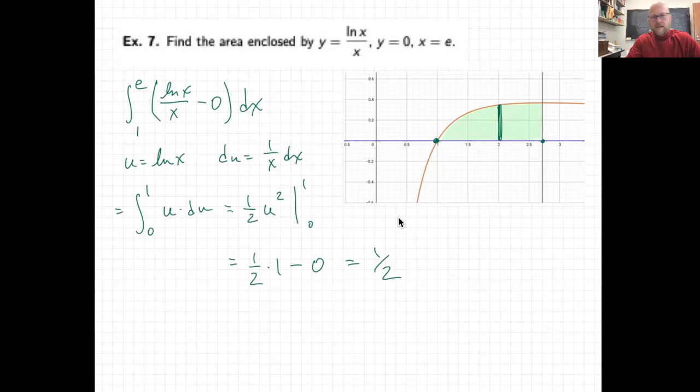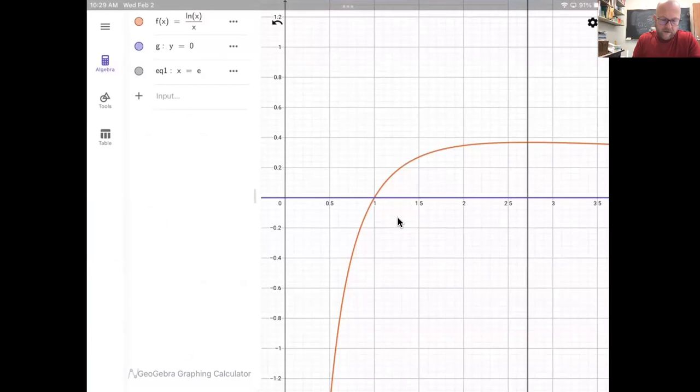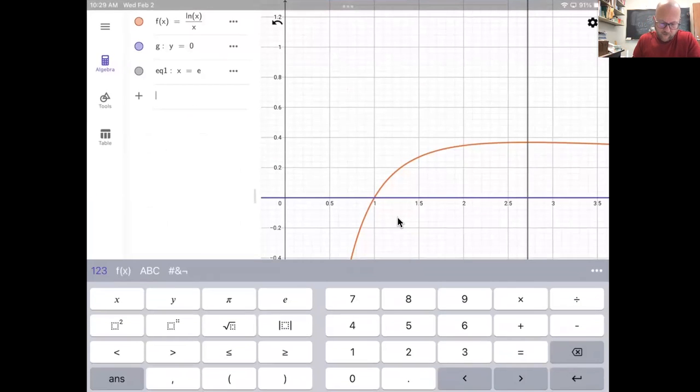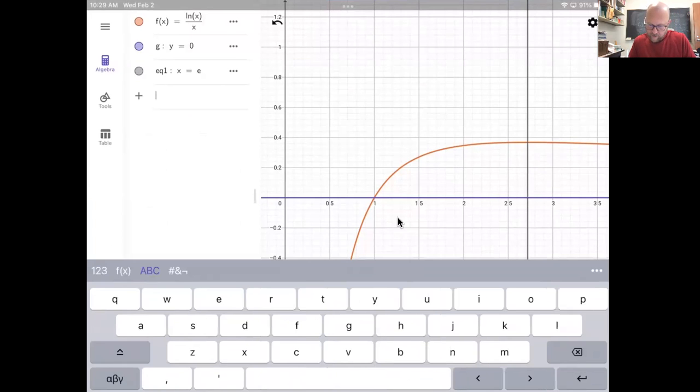But yeah, being that I am a little bit trepidatious about, did I integrate that wrong? I'm going to jump over here to my graphing calculator and just have it do it for me. So I have to type in here integral, and it should auto-complete that, but it didn't. That was weird. Okay.